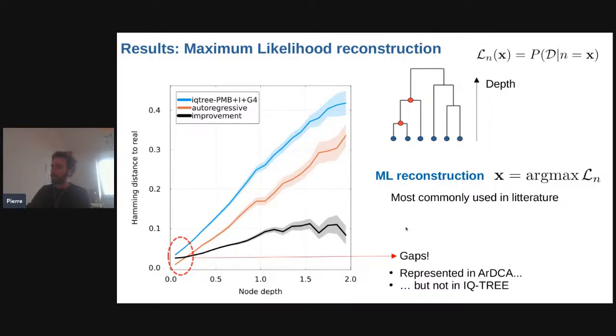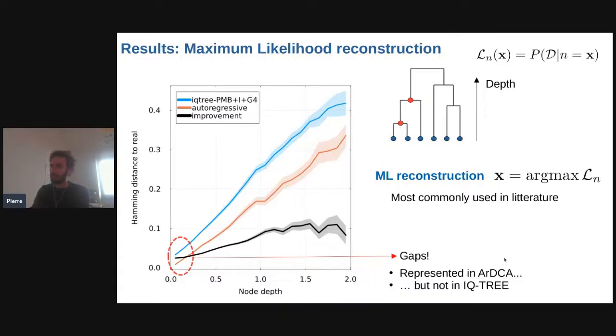Actually, what's happening here is that in our evolver method, based on a generative model, we have gaps in the alignments, okay? And these gaps are very well represented in our autoregressive method. They're just the 21st amino acid. So our method is able to reconstruct gaps in the ancestral sequences, whereas IQ3 and I think most other packages that exist do not actually model gaps, or at least not with the basic settings.